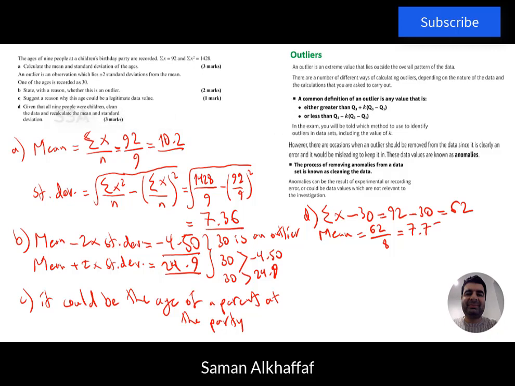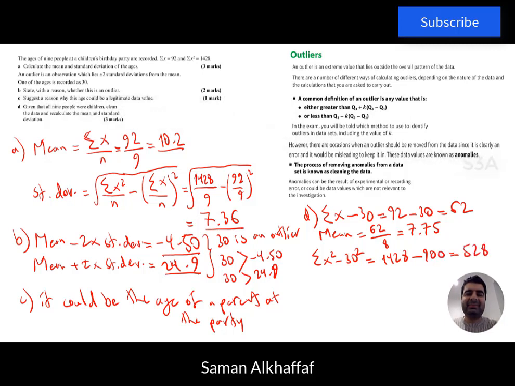Now to find the standard deviation, we have the summation of x squared minus 30 squared, so that would give us in this scenario 1428 take away 900, which will give us 528.